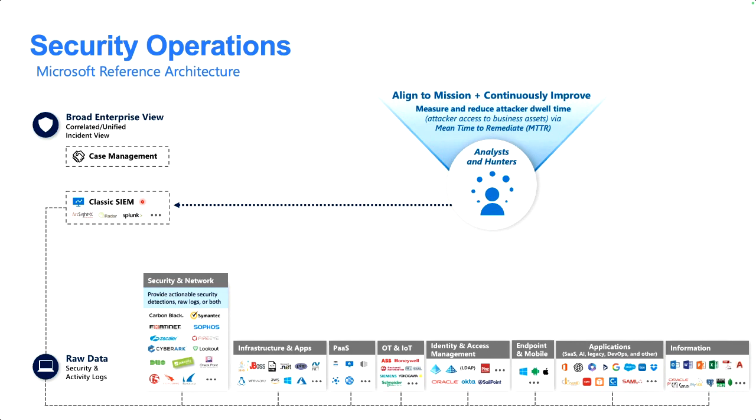But then you need to process all that raw data with the security and activity logs, and you need to build a lot of detection rules and use cases to detect any abnormal activity, any user behavior deviations from normal patterns, etc.